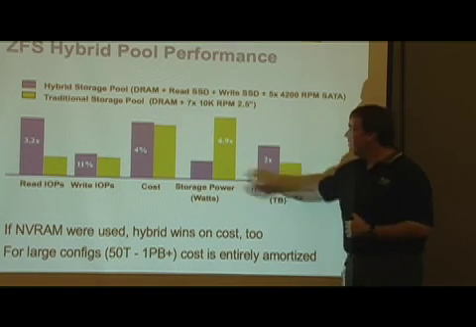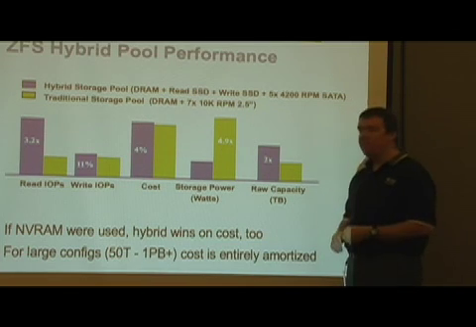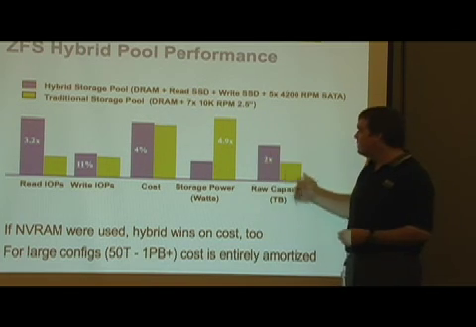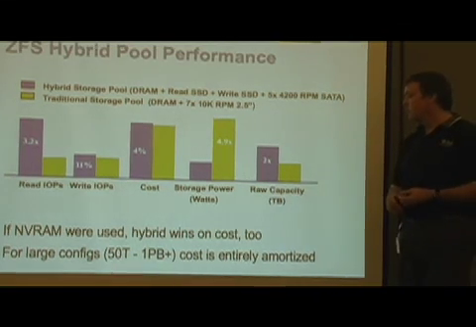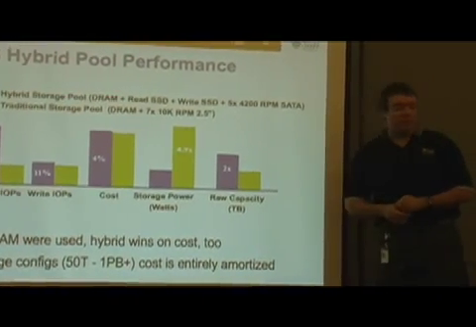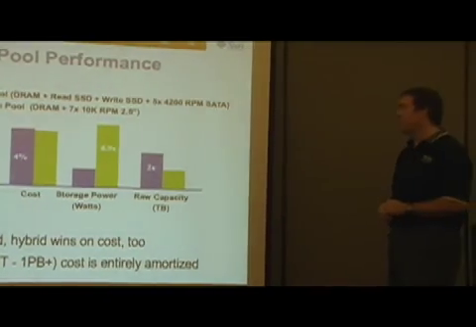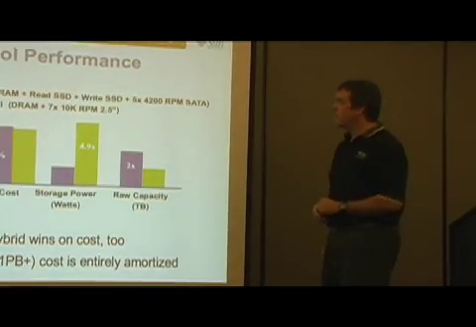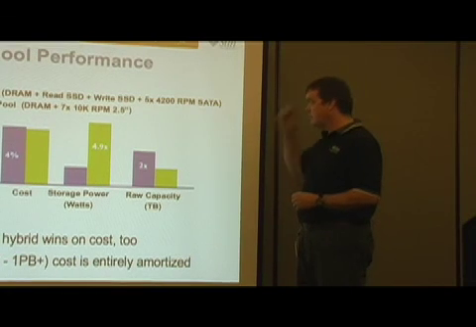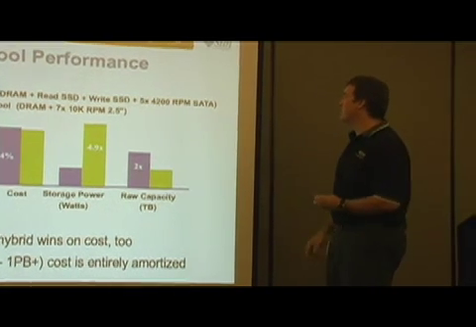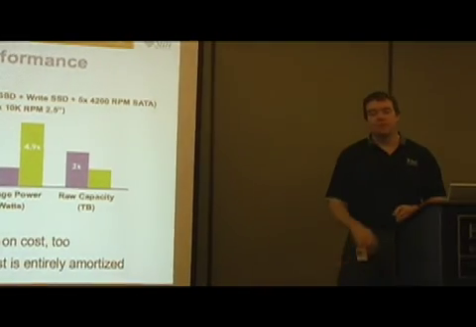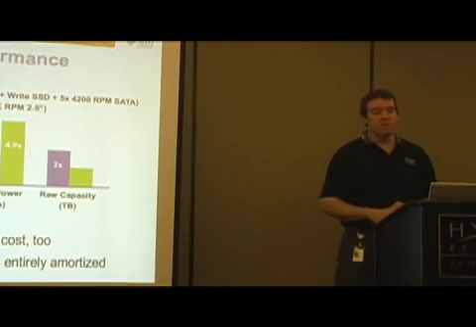And you use roughly one-fifth the power to get this increase in capacity and performance. So once again, it's almost a win-win, because we're combining the performance of the read and write SSDs with the capacity of the large SATA drives.